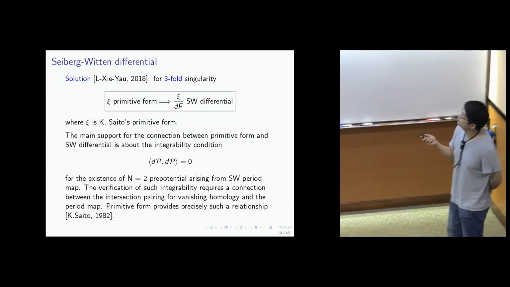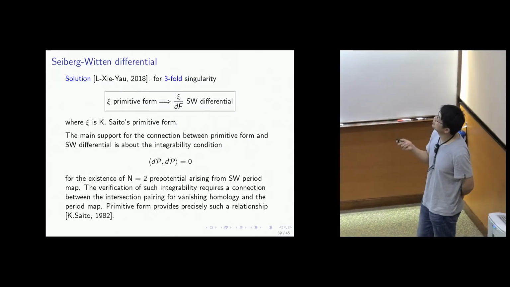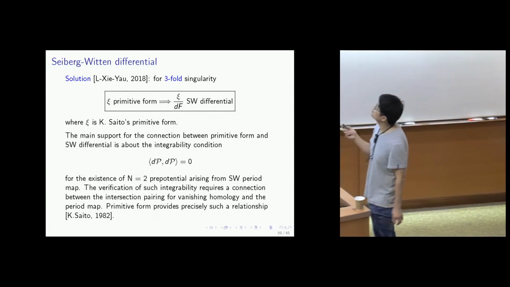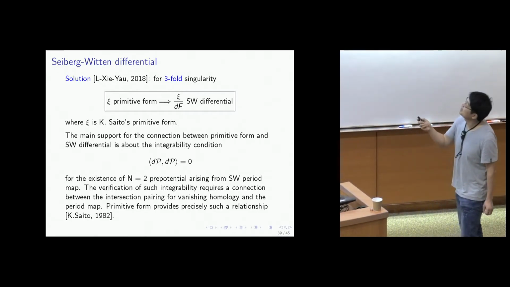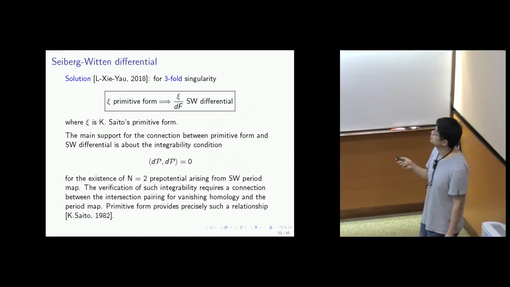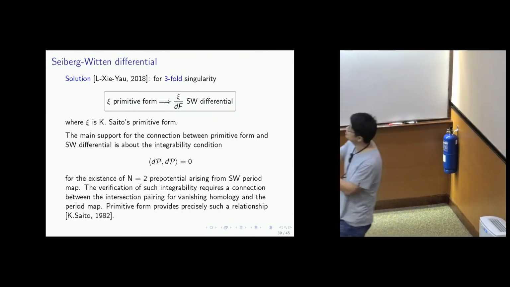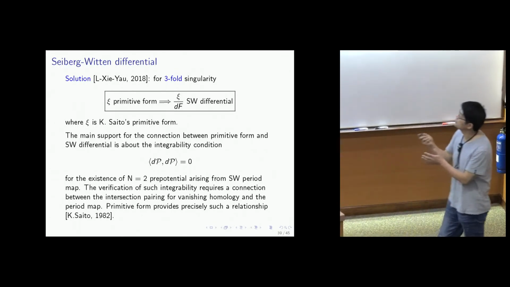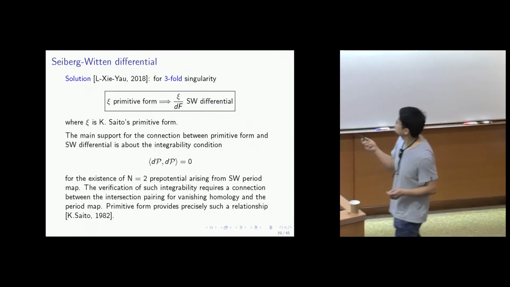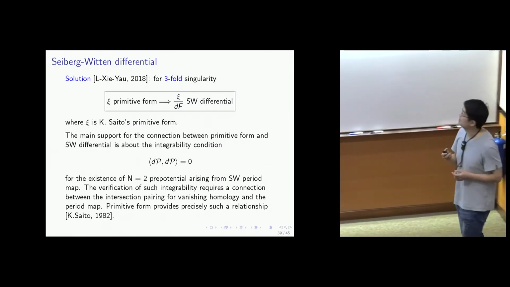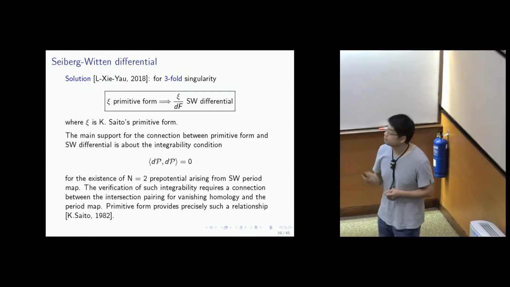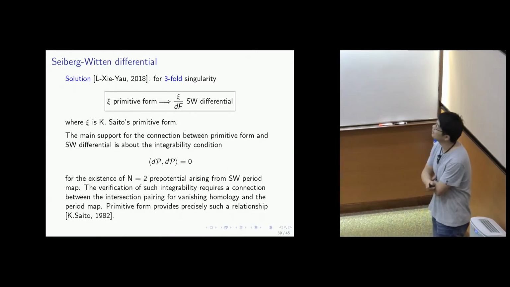Whatever you do to understand this period map, you need an integrability condition for the existence of the prepotential. This is not true for any kind of period map; if you put in an arbitrary one, it doesn't hold. So the verification of this integrability requires a connection between the intersection pairing on vanishing homology and the period map. This primitive form, arising from the semi-infinite Hodge structure, precisely gives such a connection. If you explore that, you find this is true for the primitive period map. And that's our solution.